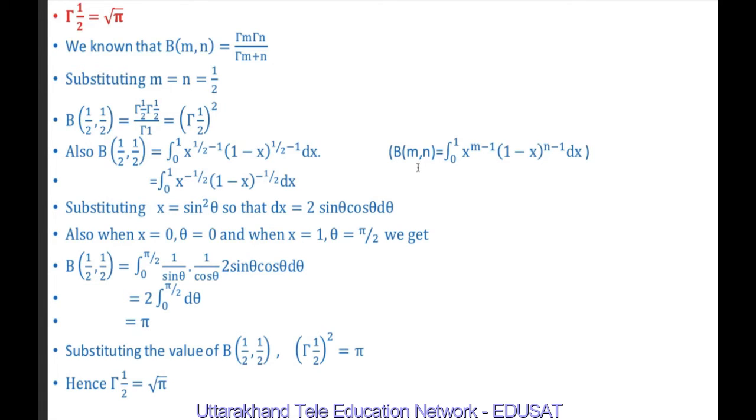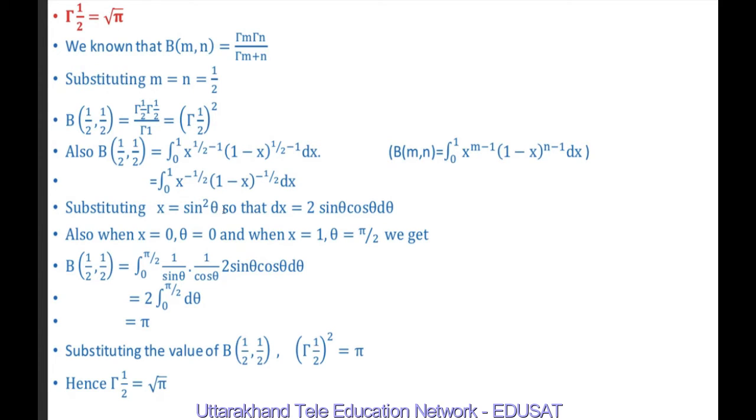Also, we know this formula: beta m n is 0 to 1 x raised to power m minus 1, 1 minus x raised to power n minus 1 dx. This is the definition of the beta function. If we substitute m equal to half, n equal to half in this formula, it will be 0 to 1 x raised to power half minus 1, 1 minus x raised to power half minus 1 dx. So 0 to 1, x to the power minus half, 1 minus x to the power minus half dx.